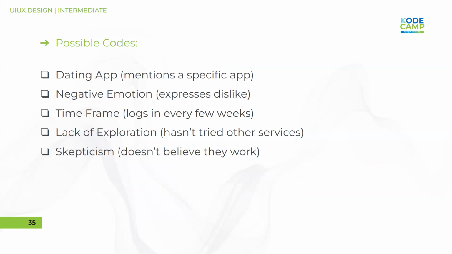Now, negative emotions. This is a tag, this is a code. Dating app is for the app. Negative emotions is how the person felt. He would have felt dislike, or uncomfortable, which is also an emotion.